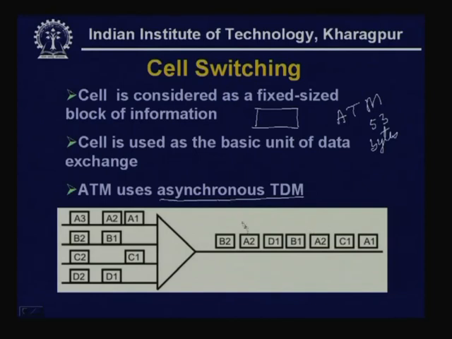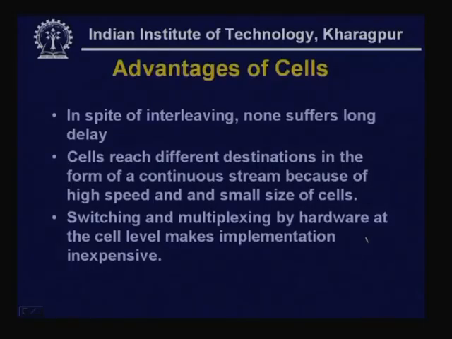However, because of high speed and smaller frame size, the cells coming from different sources will reach the destination much more quickly. So these are the advantages. In spite of interleaving, none suffers long delay.